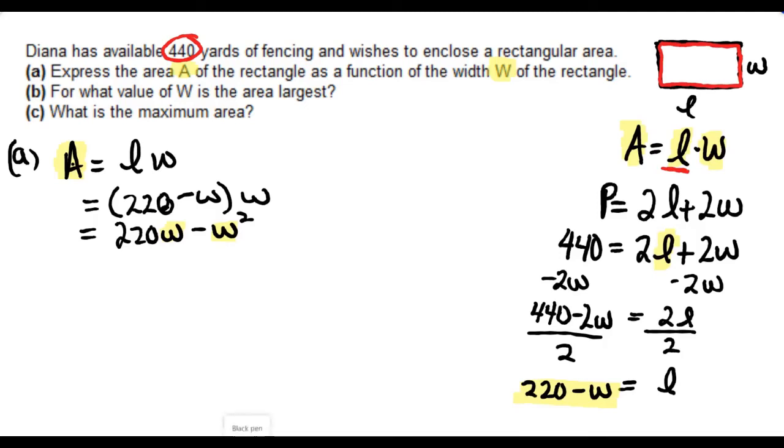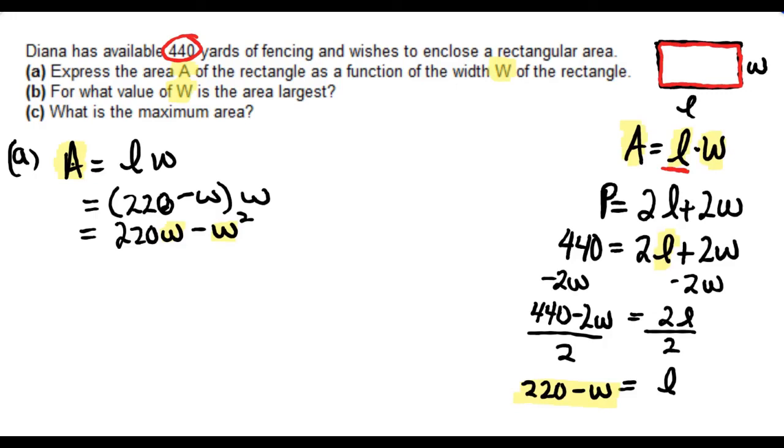And in part B, we want to find what value of w gives the largest area. So this is kind of an optimization question, finding the largest in this case, but optimization is also finding the smallest in some cases.